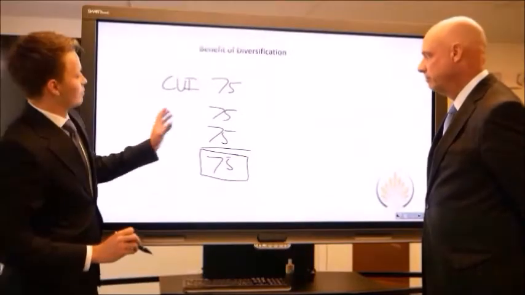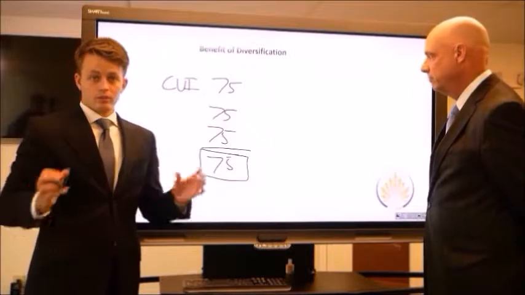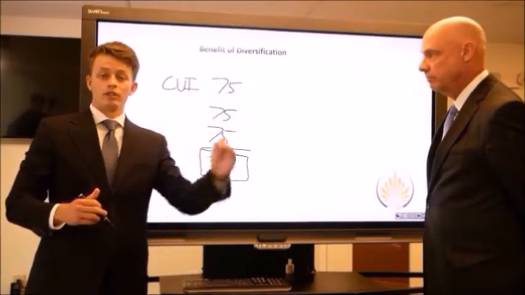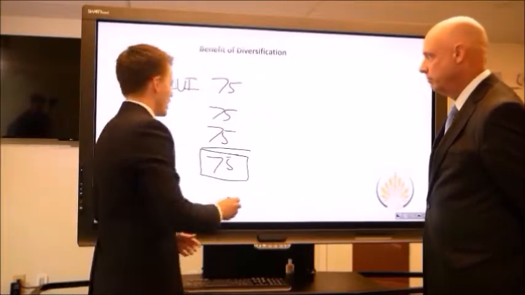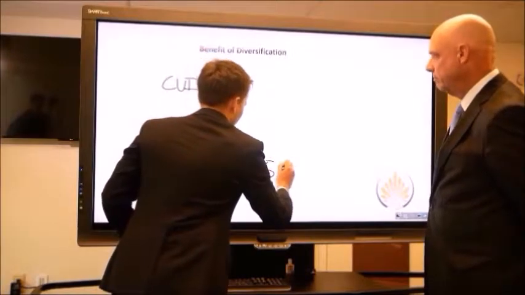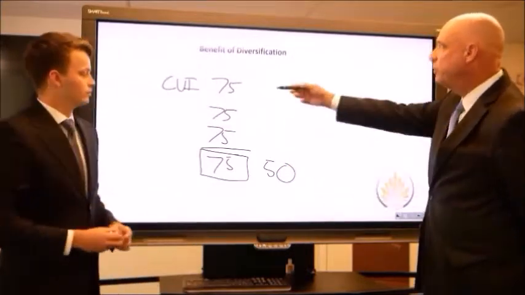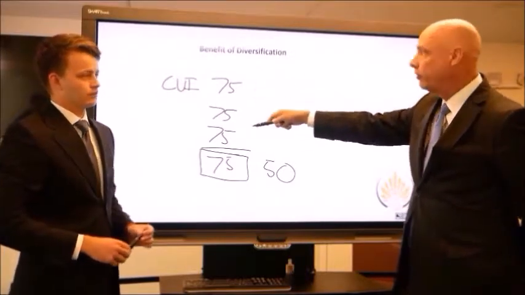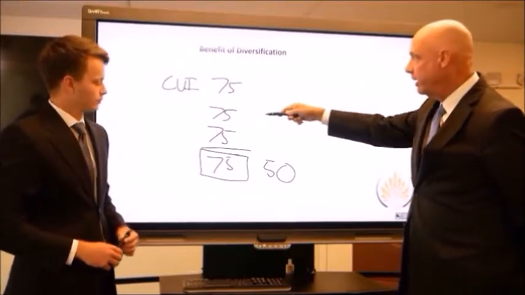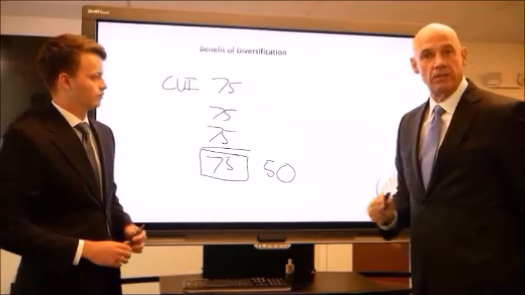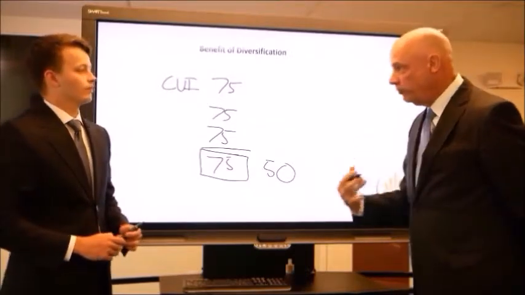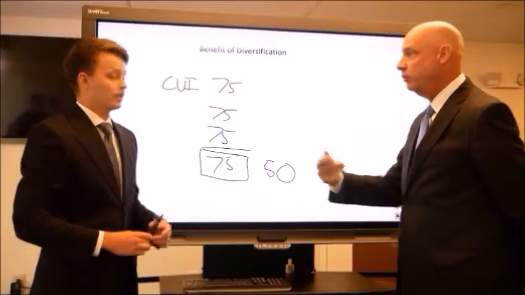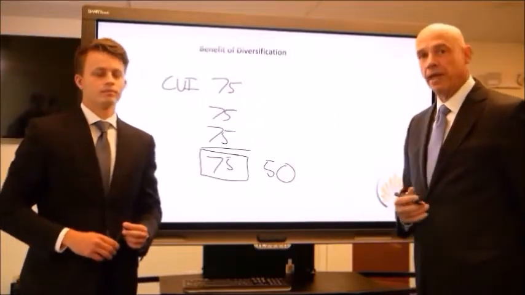Now let's say that we combine these securities into the portfolio and just measure the volatility index of that portfolio, and it happened to have a CVI of 50. You put a third, a third, a third in each, and say each one of these securities is moving different from each other. So the portfolio has volatility of 50, then our percent benefit of diversification would be 33%.